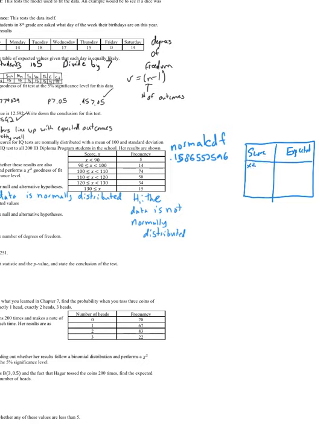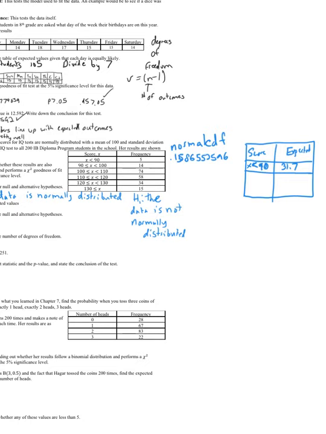So when x is less than 90, I ended up getting like 31.7 or something like that. That's how many students I expect. I can already tell you this is not looking good because the frequency is 5, but I'm at 31.7. So that looks kind of weird.